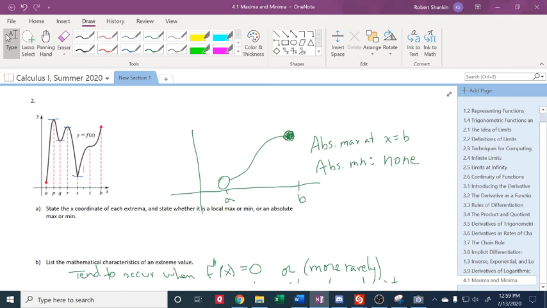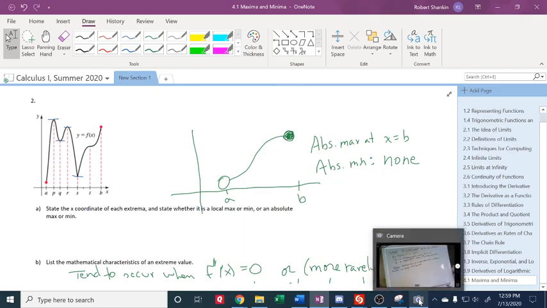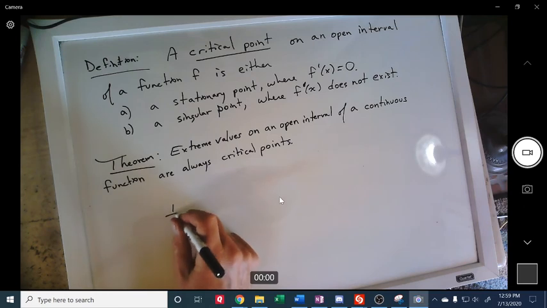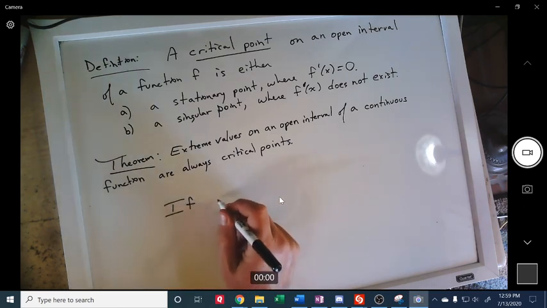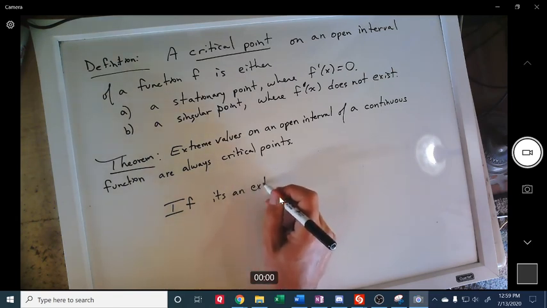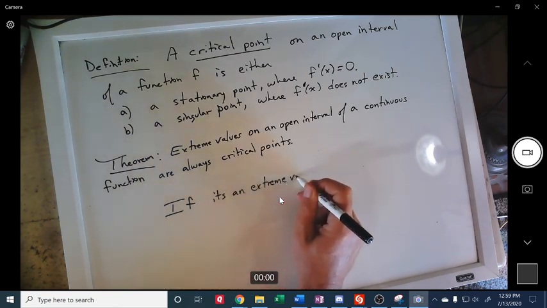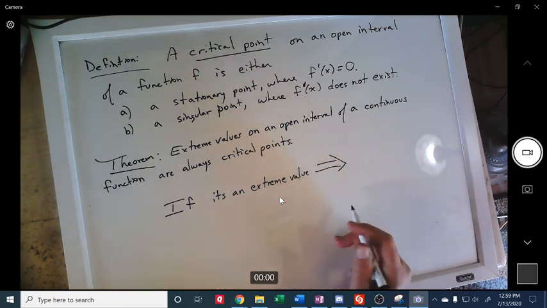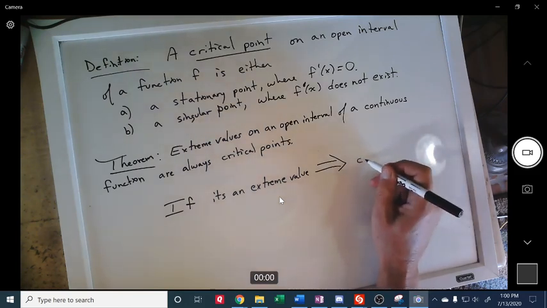Okay, the error that I'm making is, let's go back and look at this theorem. It says that if it's an extreme value, that implies that you're a critical point.